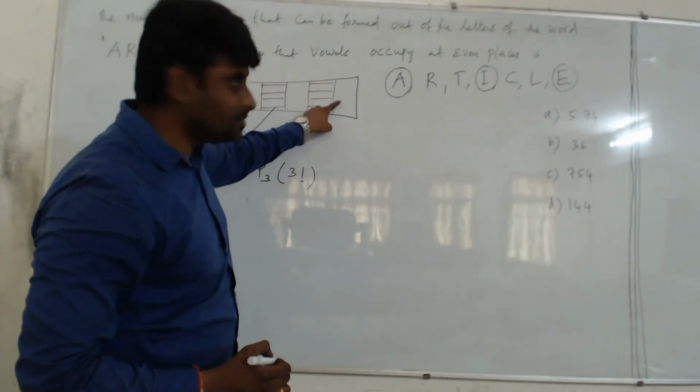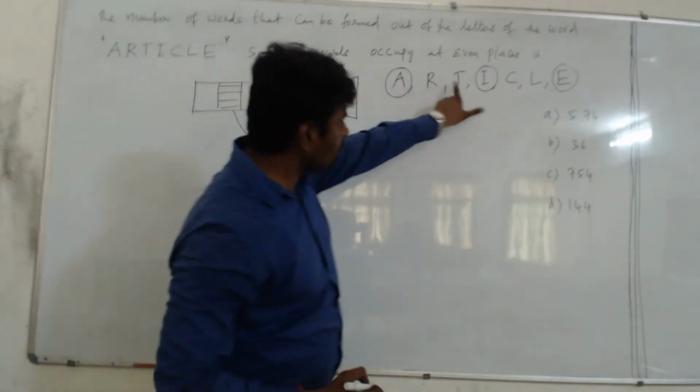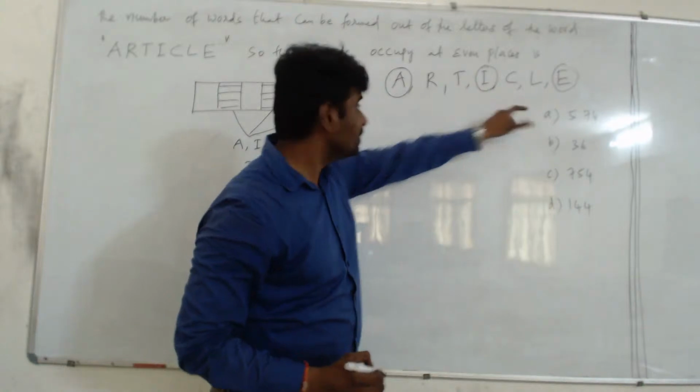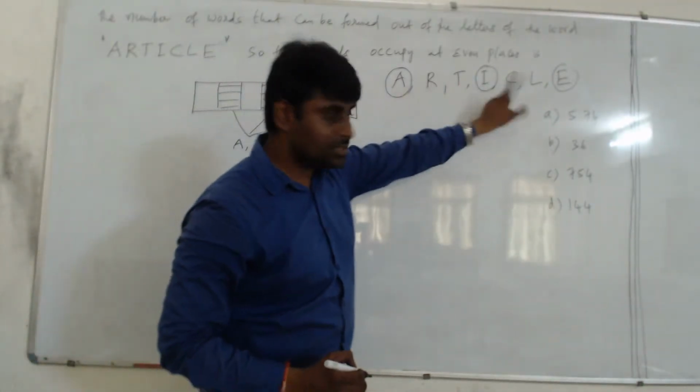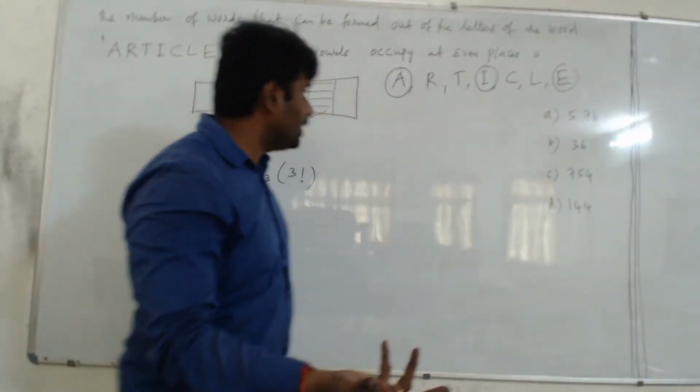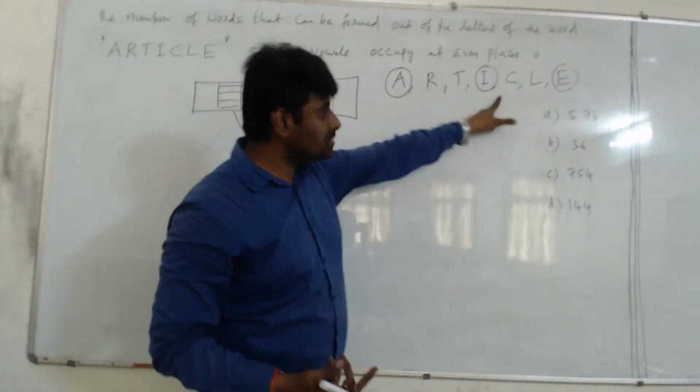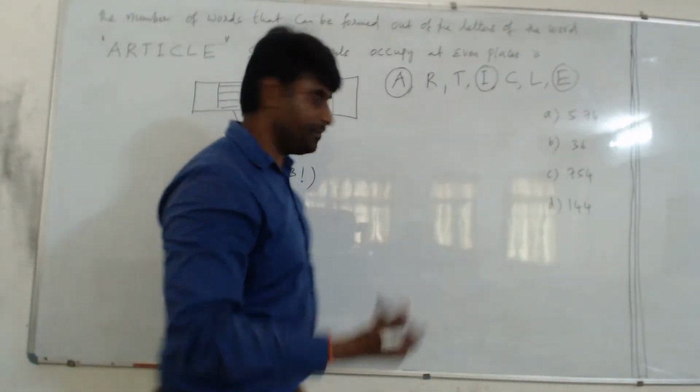Now, how many gaps are left? 4 odd gaps for the remaining 4 consonants. In those 4 odd gaps, the 4 remaining consonants can be arranged in 4P4 ways.